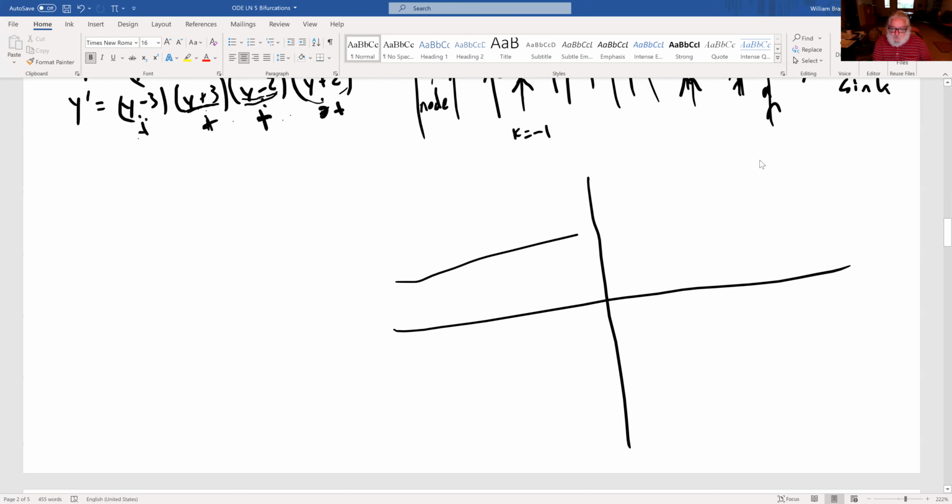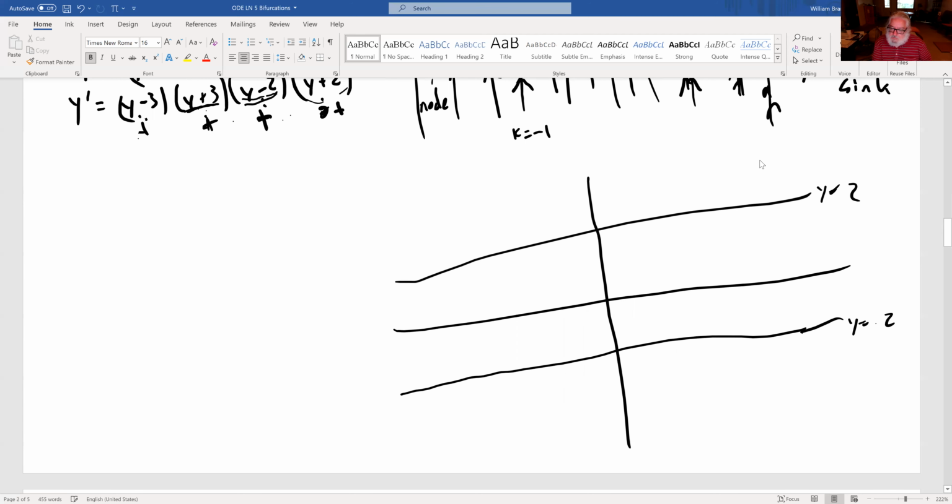So we have y equals 2, y equals minus 2, and then we have y equals square root of k, and y equals minus square root of k.